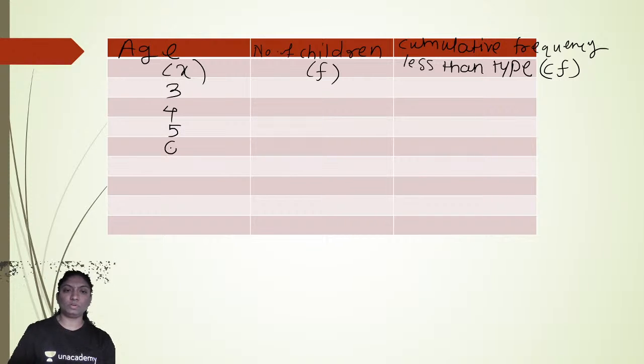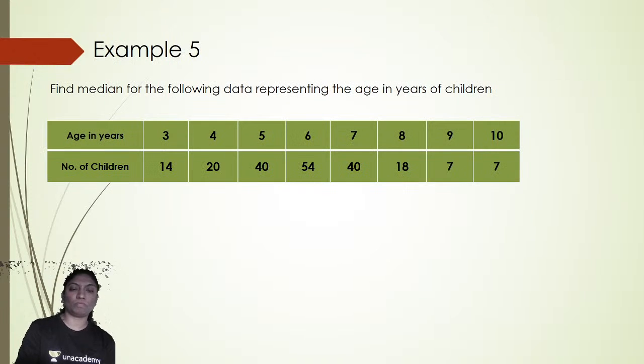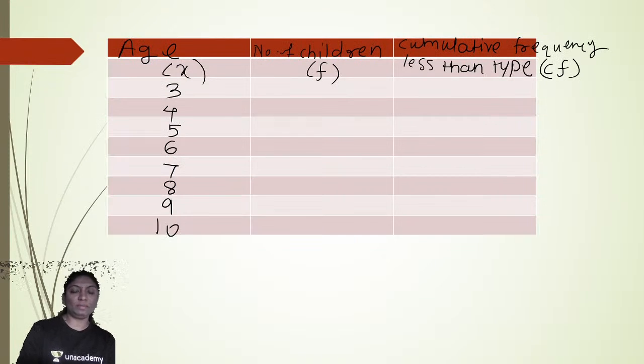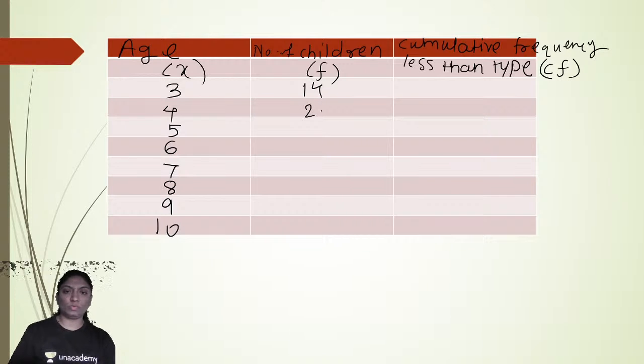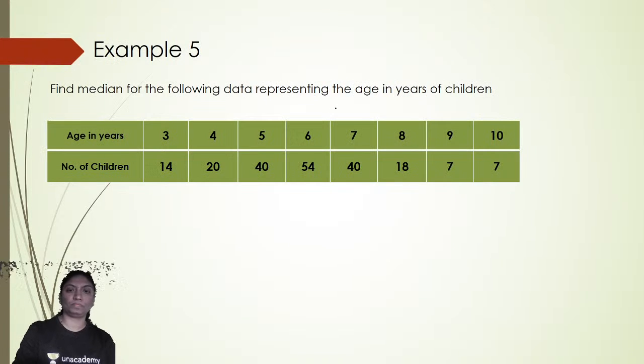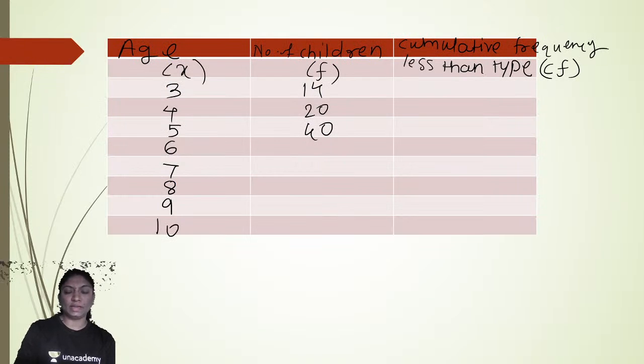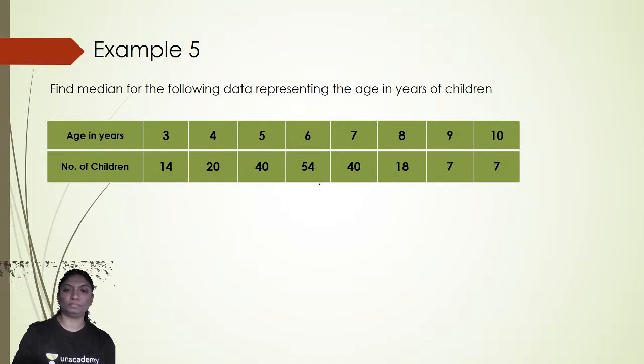Now the number of children, f, is equal to the number of children given: 14, 20, 40, 54, 40, 18, 7, 7.